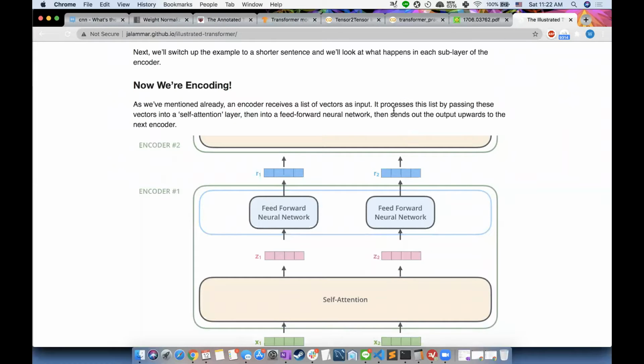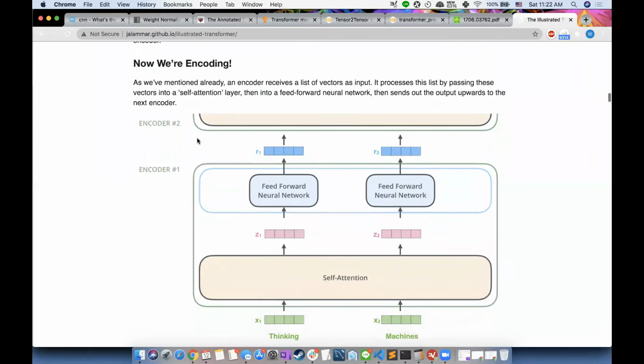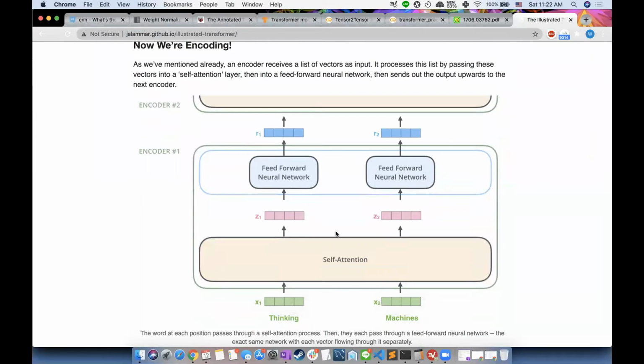It processes this list by passing these vectors into a self-attention layer, then into a feed-forward neural network, as we said, then sends out the output upwards to the next encoder. So when we output this, it flows into the next encoder, and there's 6 of them, right?